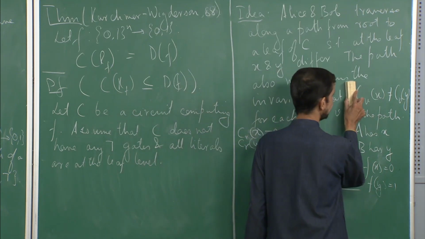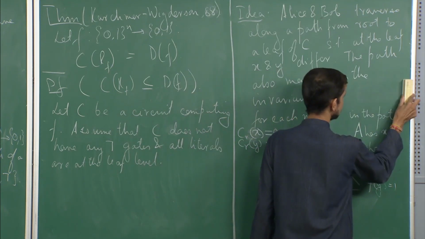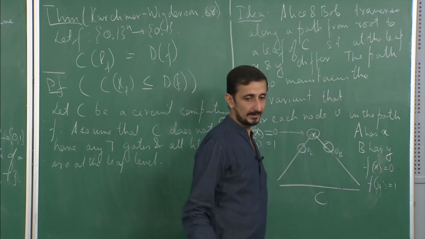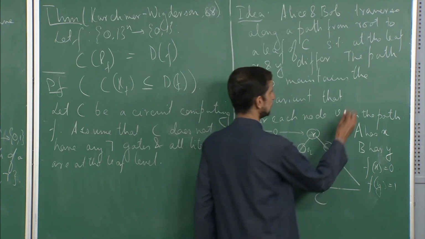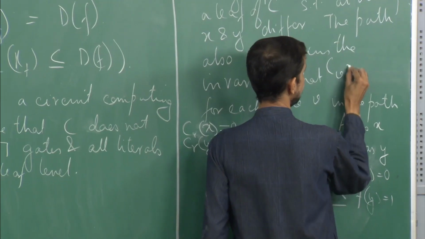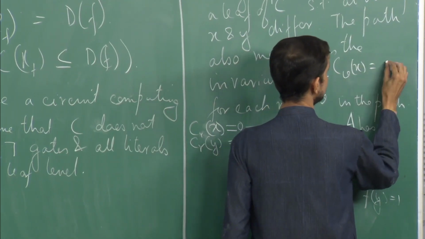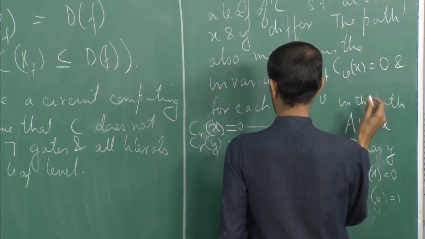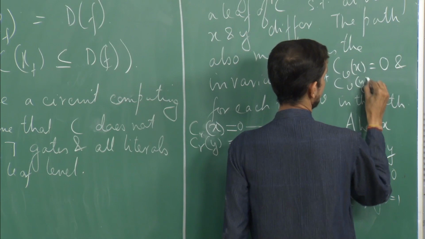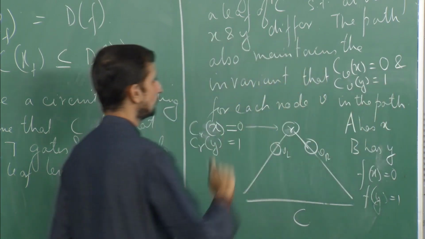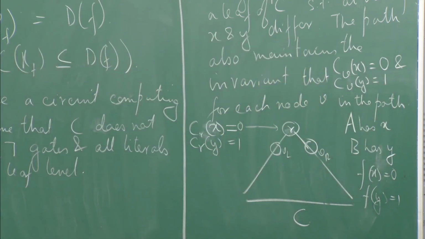Not just that CV of x is not equal to CV of y, what we maintain is that at every node of the path, CV of x is equal to 0 and CV of y is equal to 1 for each node v in the path. That is true at the root, and then we'll show it is true at every intermediate node as well.